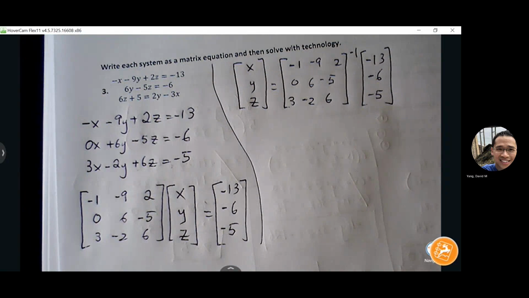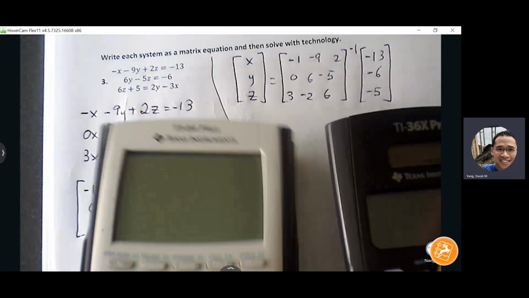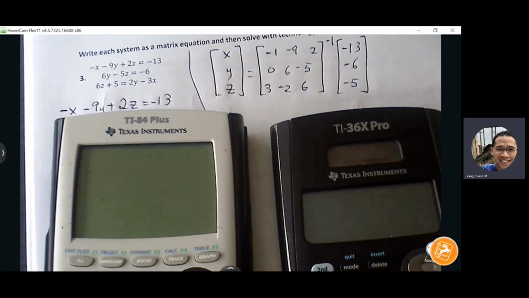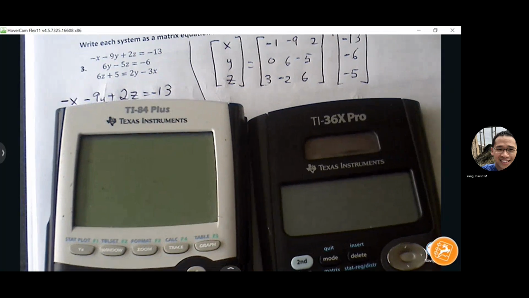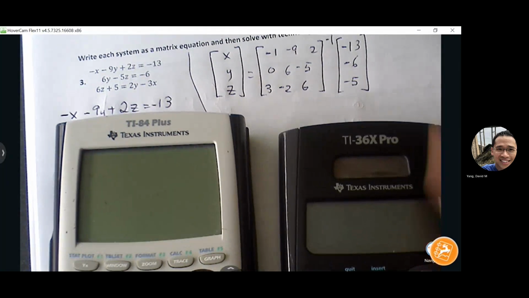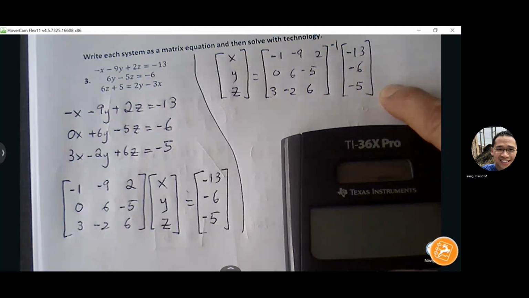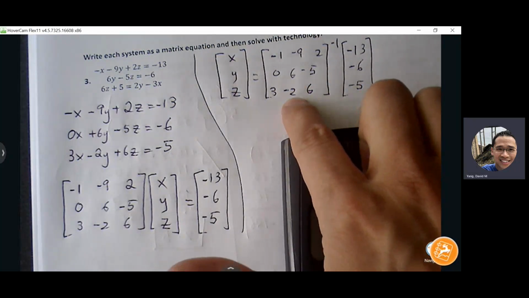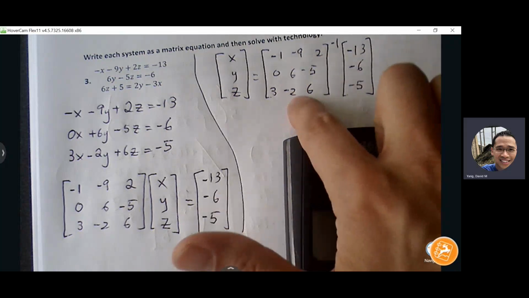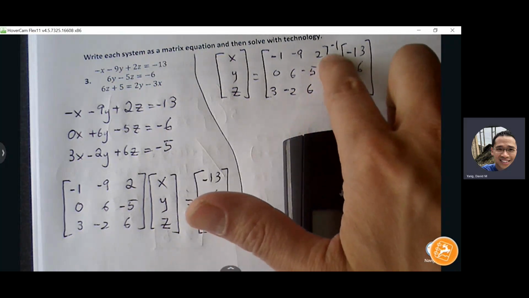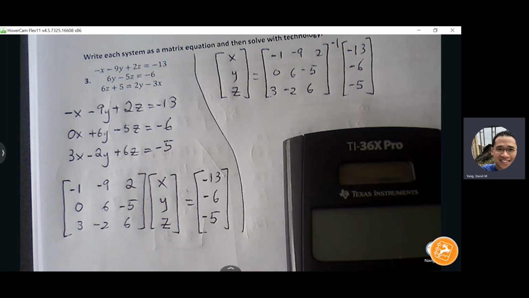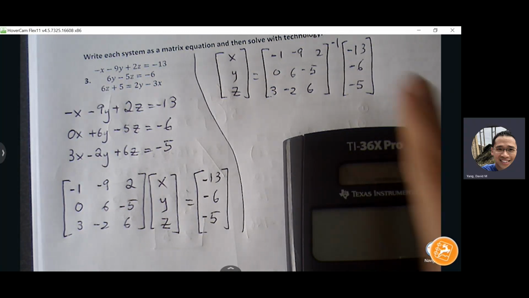Okay. So let me show the steps for both calculators. First, everybody okay with that setup? Okay, so we're going to create a 3x3 matrix, call this matrix A, and I'll do the inverse of matrix A, and then multiply by that second matrix. Okay.